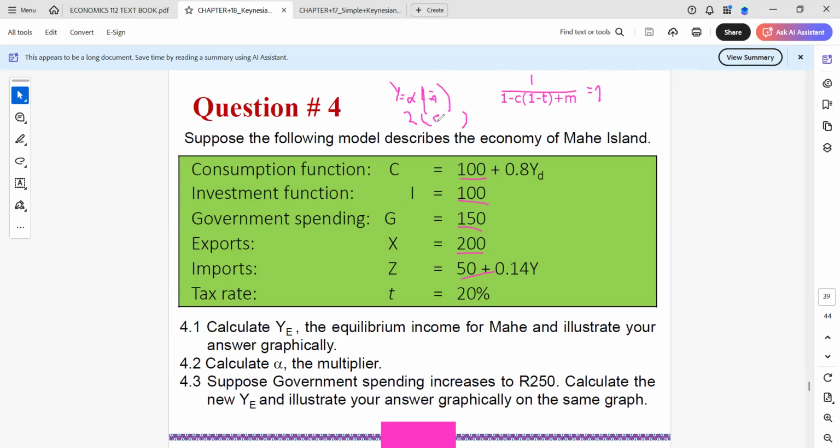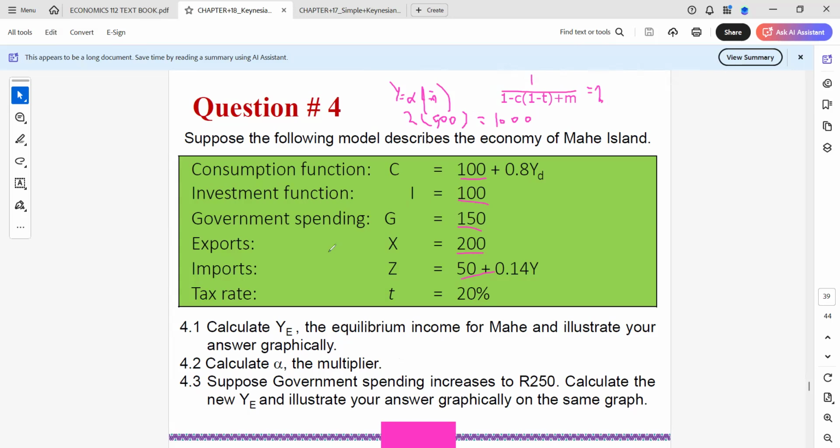Then 2 times 500, so your equilibrium income is 1,000. And our multiplier is 2.